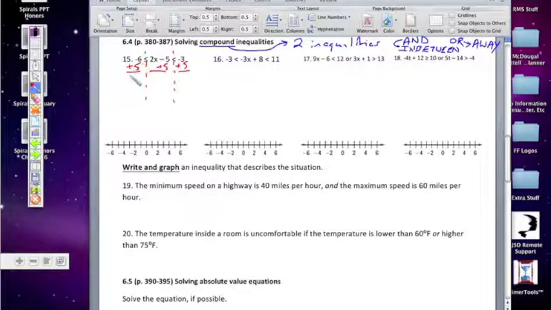Negative 6 plus 5. Negative 1 less than or equal to. This one is canceled now, so that leaves 2x to be less than negative 3 plus 5, positive 2.